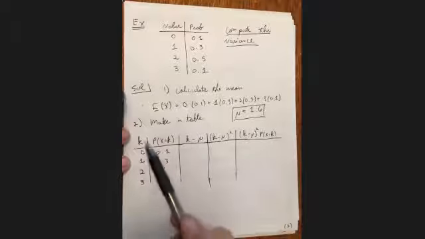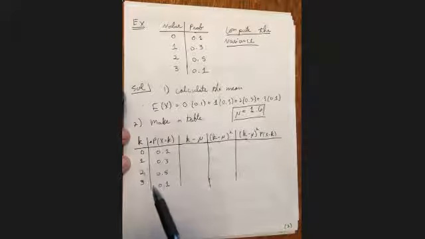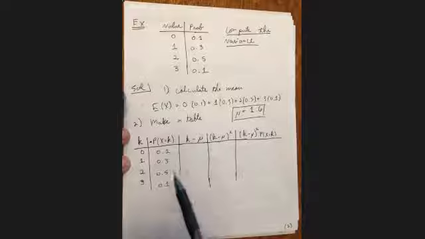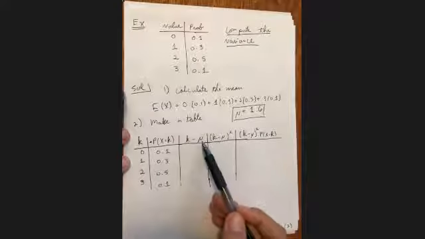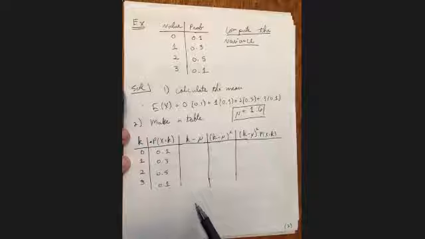How does this table work? So first, we start off with the values that the random variable can take on, then the corresponding probabilities, and then we look at the difference between the value and the mean. So we first compute all of those differences.